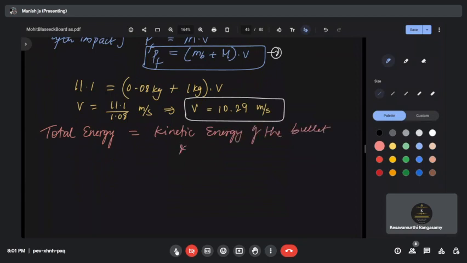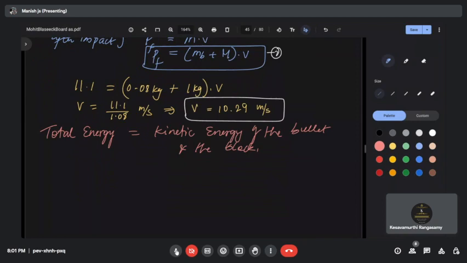Simple. So that's the total energy, plus obviously there is heat energy also which is present. So not to forget that. That heat energy is purely due to the kinetic energy of the bullet. That is something we have to keep in mind.